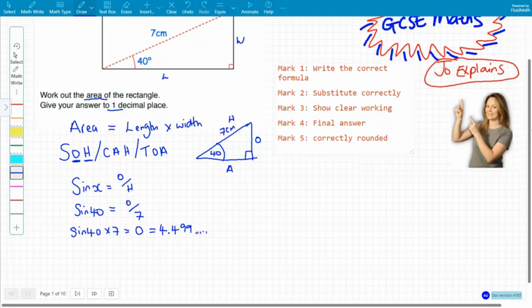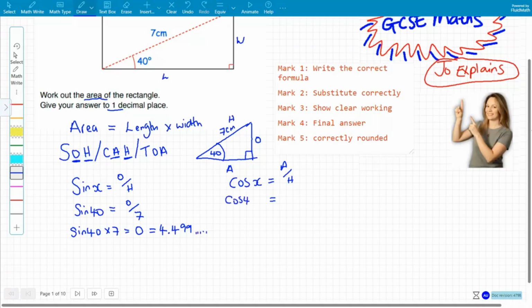Okay, I need to do something else because I also need to work out this side length, the adjacent here. To do that, I'm going to be using cos instead. Let's just see why. 40 is our angle, so adjacent is what we want, and what we're given is hypotenuse. So we're going to be using cos. Cos x is equal to adjacent, this time over hypotenuse. So let's substitute in.